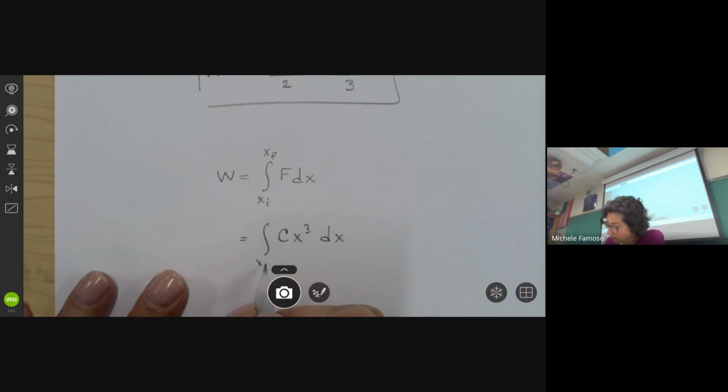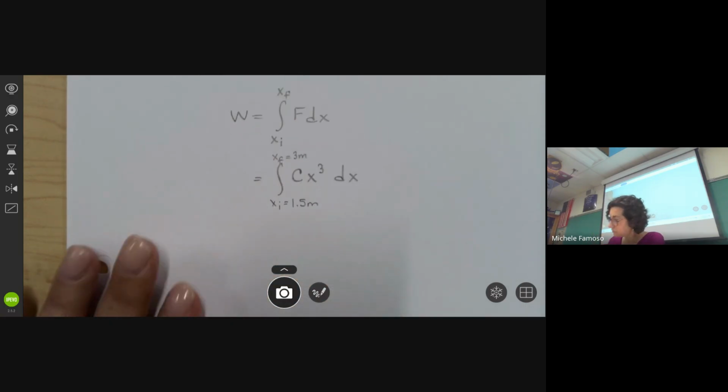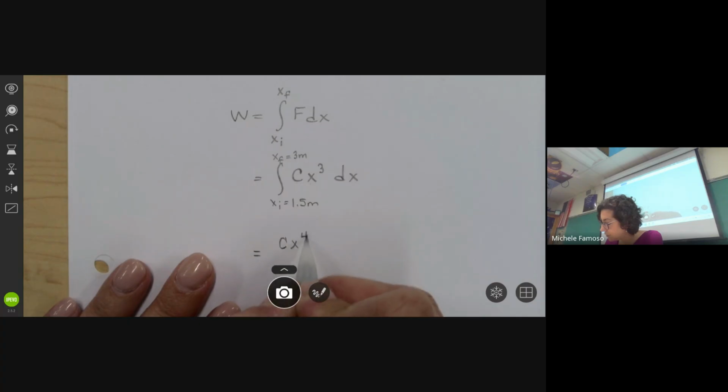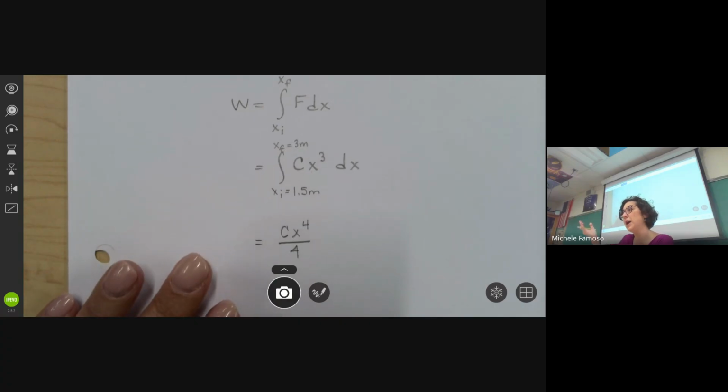My initial position, we are told in 26, is 1.5 meters. My final position is 3 meters. All right, so let's evaluate the integral first. The integral of cx cubed would be cx to the 4th power over 4. You add 1 to the power, divide by the new power.